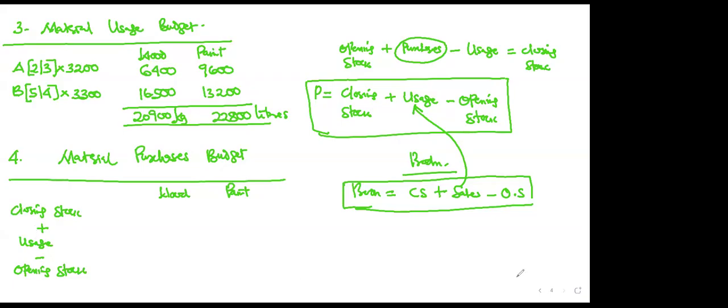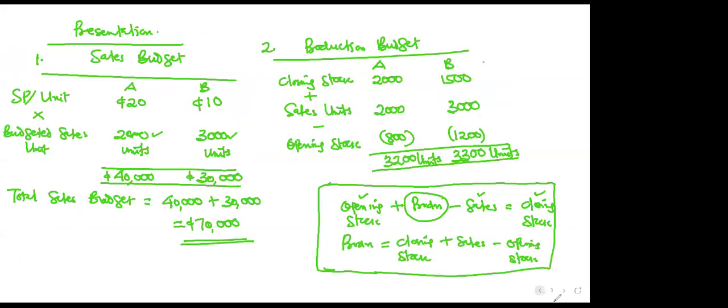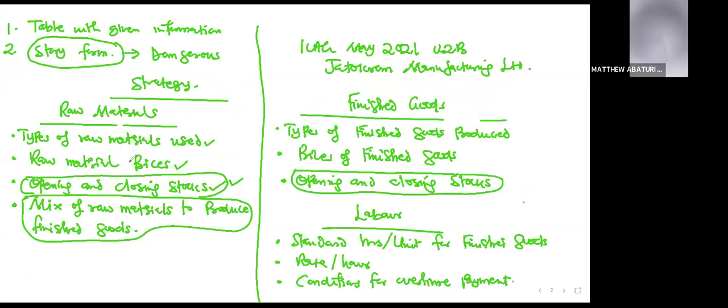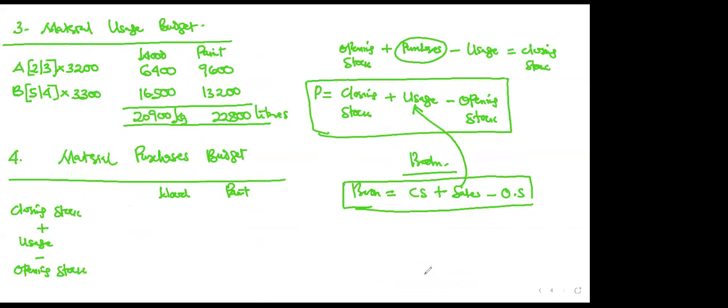Remember that when picking the information, when you come to the raw materials, you will need the opening and closing stocks. The question will provide that. So let's assume closing stock of raw materials is 2,000 and then this is 3,000. The question will give it to you.